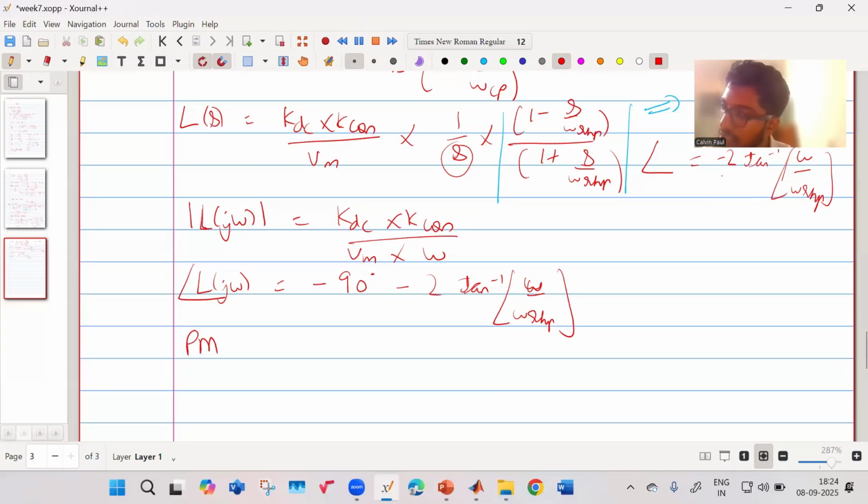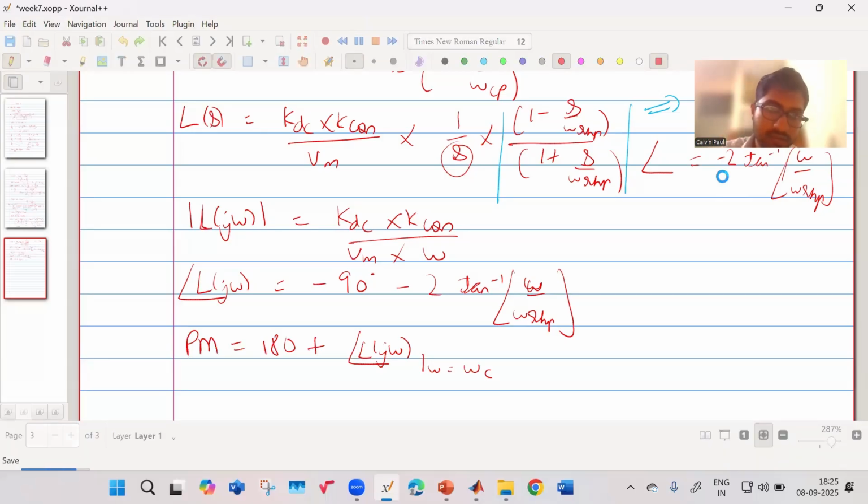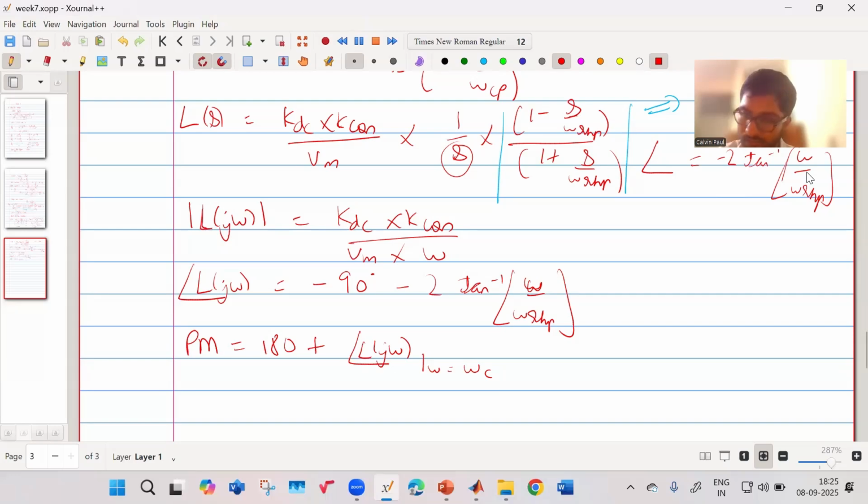So your phase margin is 180 plus the angle of this when your omega is equal to your omega crossover. So what is the significance of this? Phase margin should be positive for a stable system. Okay, so your phase margin should be positive.